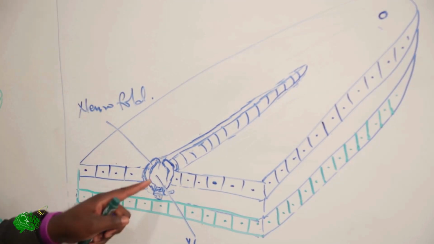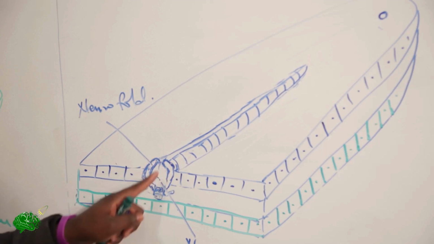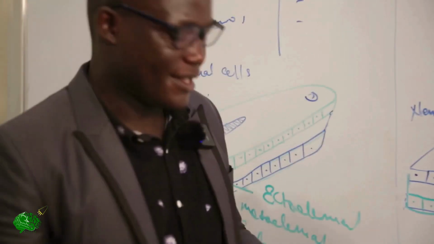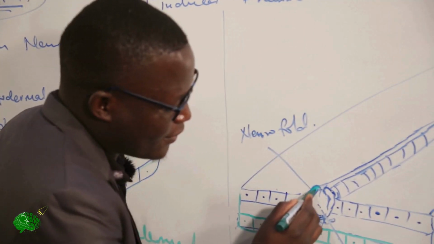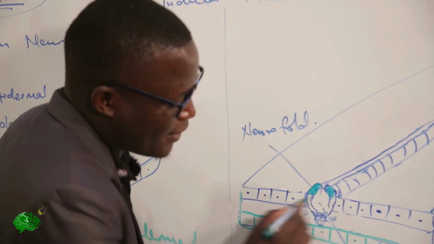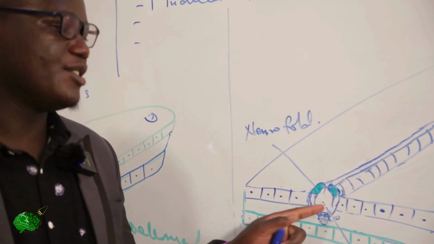So there is a groove and then the neural fold that has been formed. So in this area, we have the neural fold here, the neural fold. Then at the center, we have the neural groove.